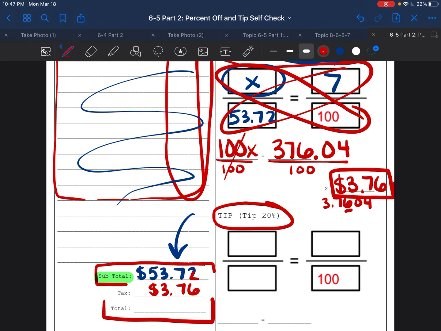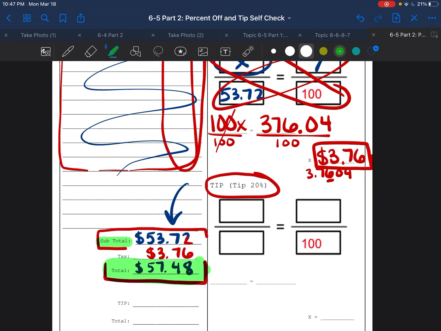So we're going to do $53.72 plus $3.76. And now our new total is $57.48. So this number is what we are going to tip on, our total bill.